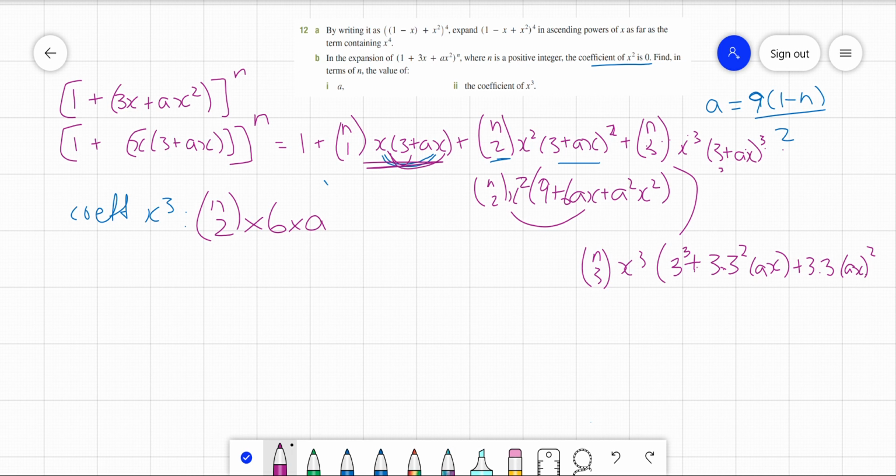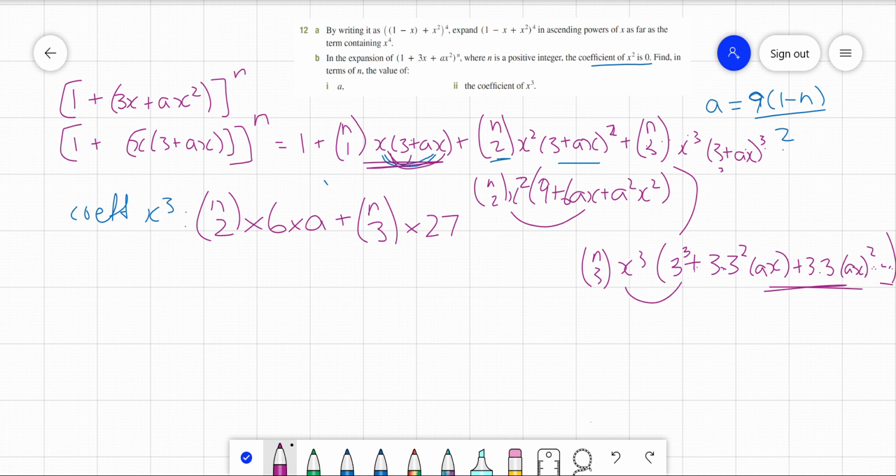Alright, so anyway, dot, dot, dot. So remember, I've got a cubed, oh, I've already got a cubed out there. So I'm not even interested in these ones. I'm just interested in that one. So 3 cubed, which is 27. So I'm also going to get n choose 3 times 27, 3 cubed. So that's going to be my coefficient.